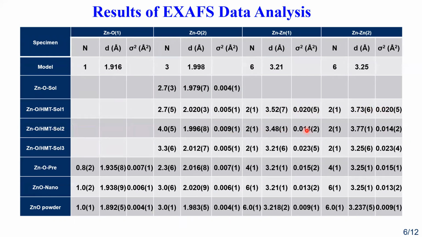When we heat up, it becomes more stable. And at the precipitate stage, you can see that the coordination number is increased. Then in the zinc oxide nanostructure case, the local structure around the zinc is quite similar to the zinc oxide powder. It shows around 4 coordinations of oxygen and about 12 coordinations of zinc.